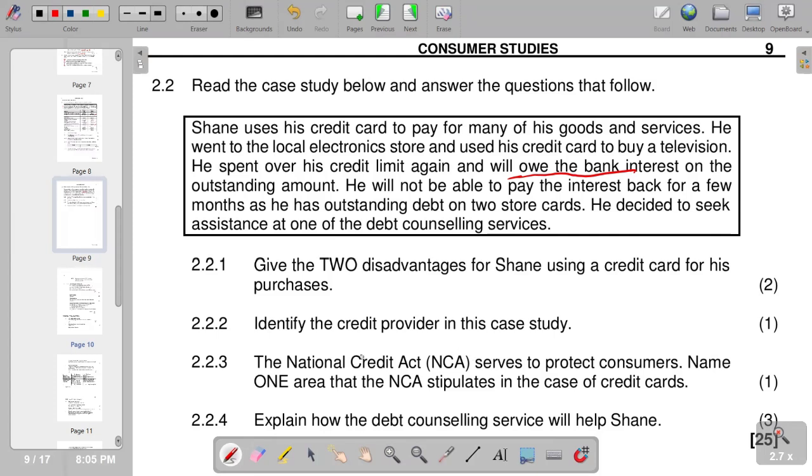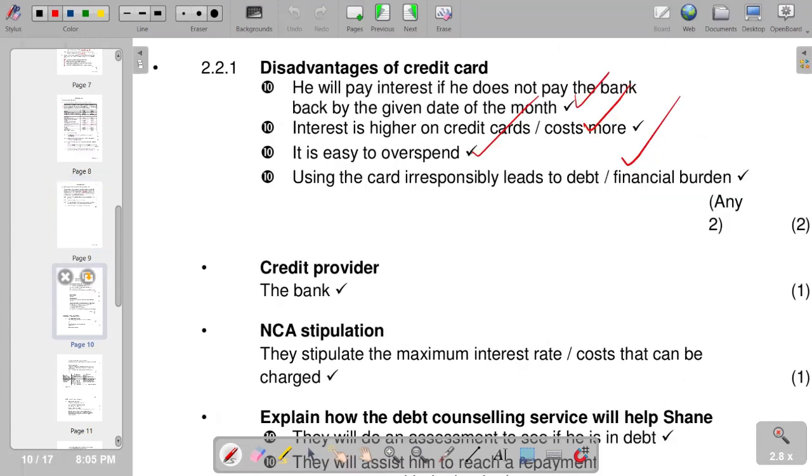So 2.2.3, the National Credit Act serves to protect consumers. Name one area that the NCA stipulates in the case of credit cards. So we are saying they stipulate the maximum interest rates or cost that can be charged. So that's how we can explain that part.